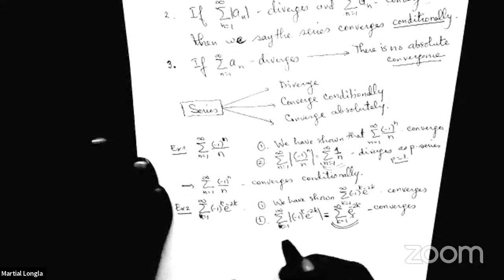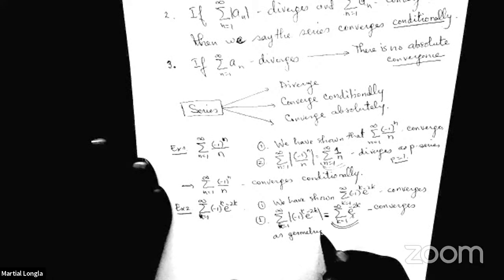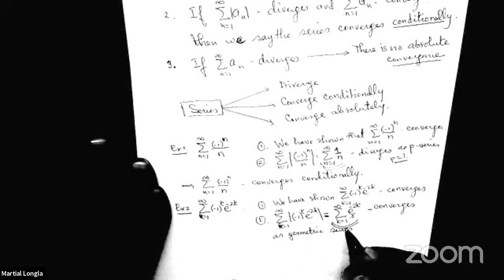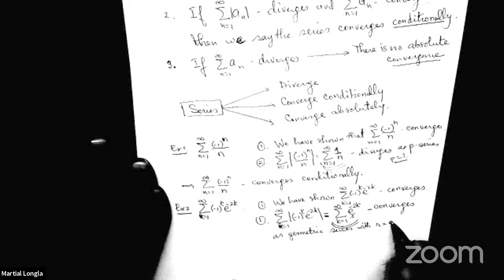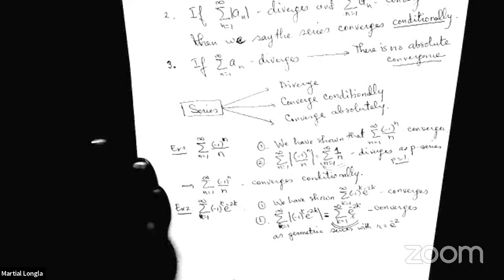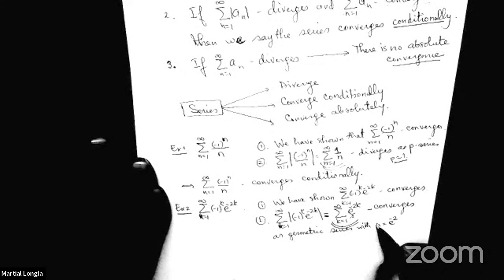Converges as geometric series and r equals e to -2. And you got to be able to identify these things, because when the question is asked on absolute convergence, nobody tells you what rule you are going to use to say that it converges or diverges.